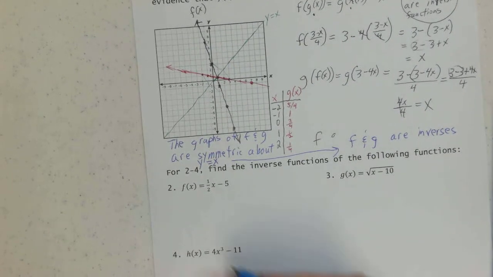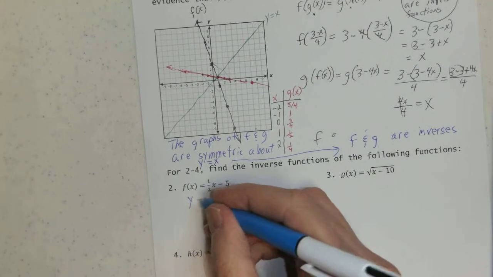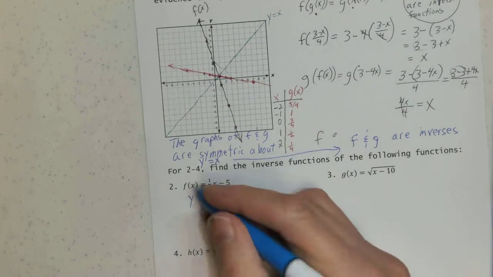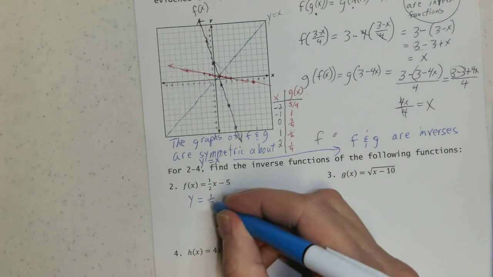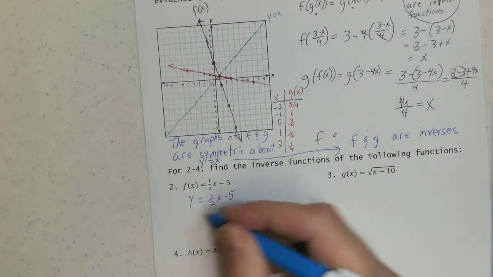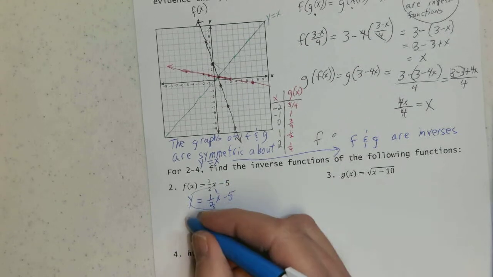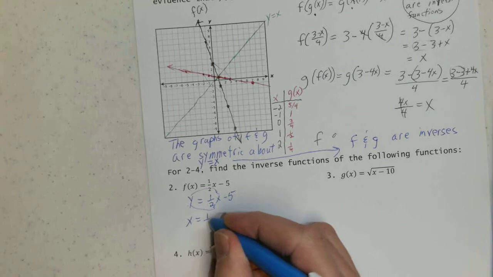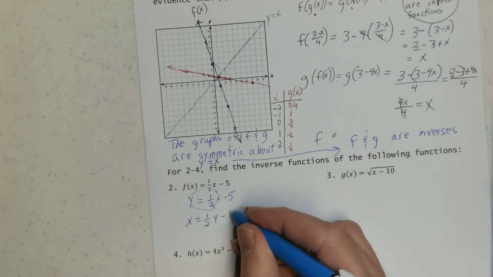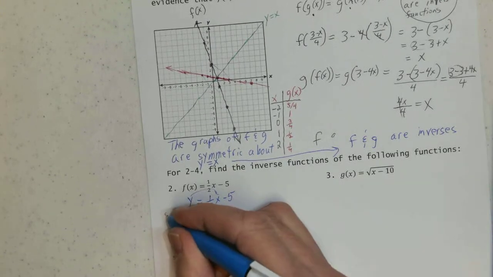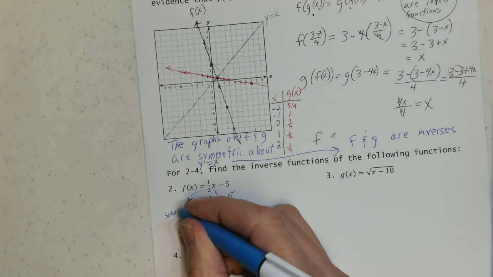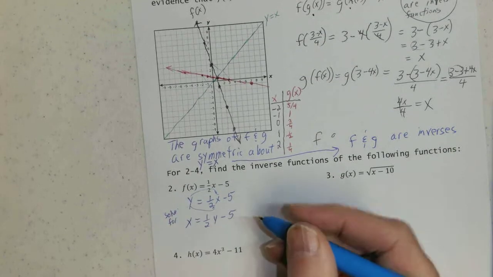Number 2, now we find the inverse. The technique: you put y for f of x equals 1/2 x minus 5, and then you do a switcheroo here. And x equals 1/2 y minus 5, and then you solve. After your switcheroo, solve for y.